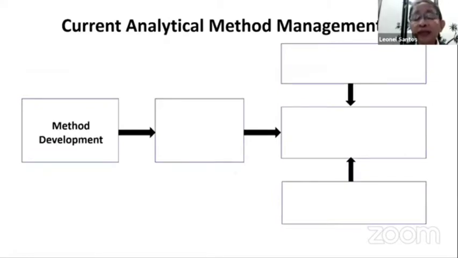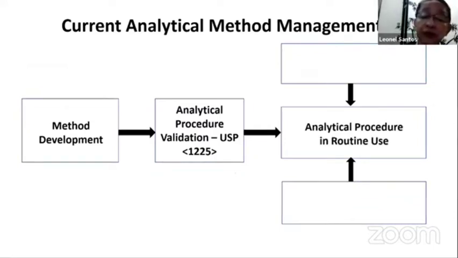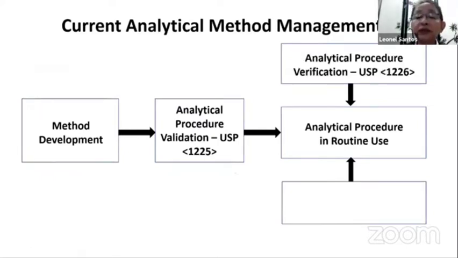So just as a summary, a method typically goes from the development stage to validation. So the validation guideline based on USP is General Chapter 1225. So these procedures or methods are routinely used in a laboratory.